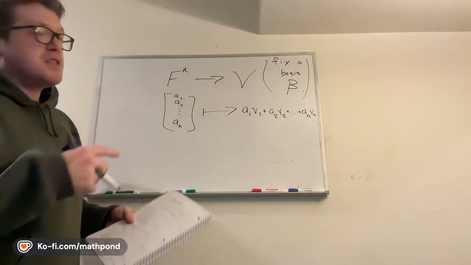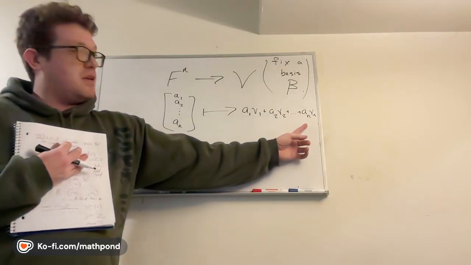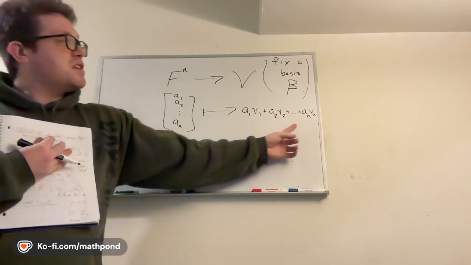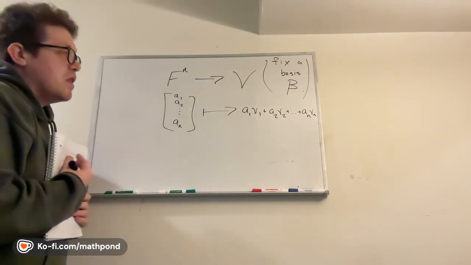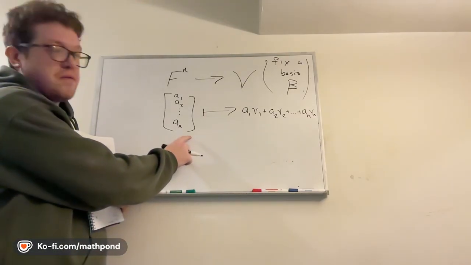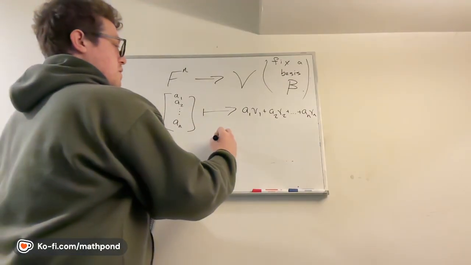Since these coordinates represent every vector uniquely, you can show that this map is one-to-one and onto. No two different coordinates get sent to the same vector, so it's one-to-one.